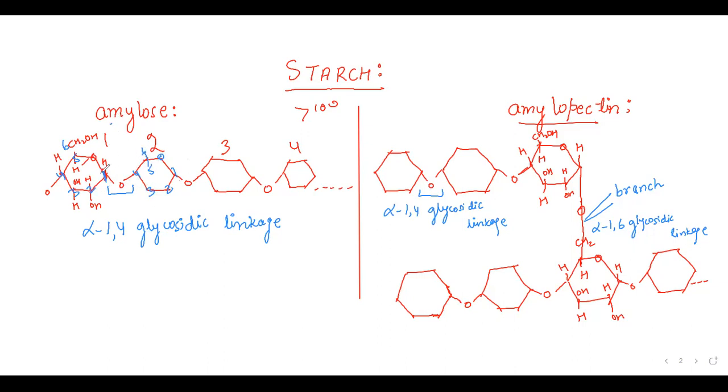In amylose, these two glucose units come together and a water molecule is lost from carbon number 4 and carbon number 1. That is why this is called alpha 1,4 glycosidic linkage. When a single linear chain of these glucose molecules is formed, it is called amylose. Amylose is an unbranched, linear chain of glucose joined by alpha 1,4 linkages.